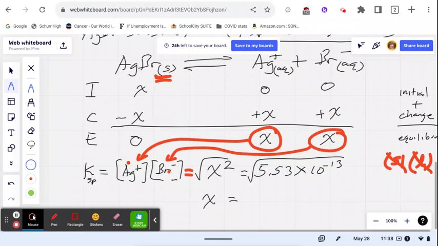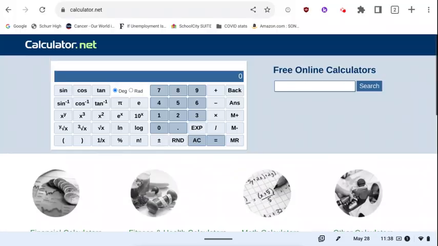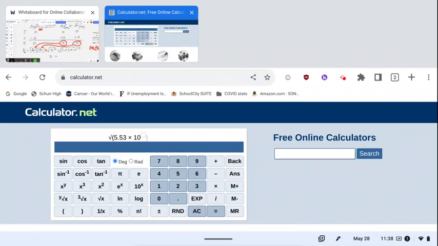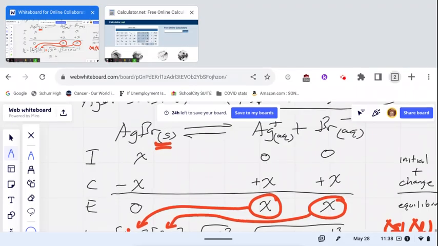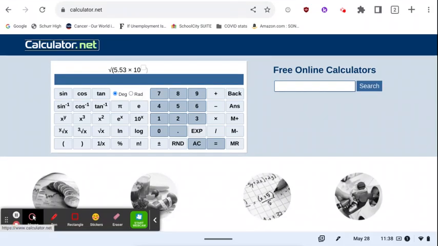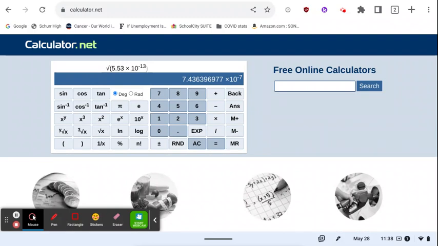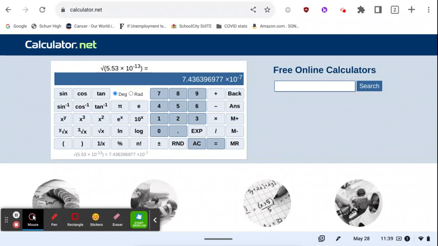So you end up with x equals the square root of 5.53 times 10 to the minus 13th, right? Square root of 5.53 times 10 to the minus 13th equals 7.44 times 10 to the minus 7th. If you can see that there. 7.44 times 10 to the minus 7th.